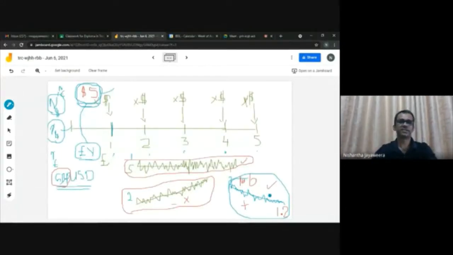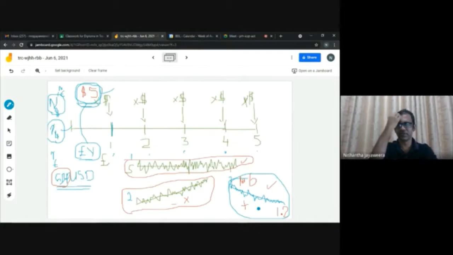But by entering into 5 different FX forwards or entering into a cross currency swap, you don't have to pay any cost, no upfront payment, but you give up this opportunity. So that's the difference. When you take a decision, you have to consider all those things.